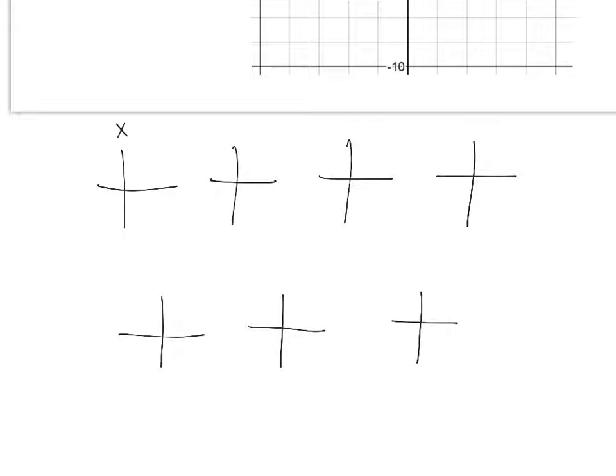We know x and x squared and x to the third, x to the fourth. I'm going to show you what these look like. And this is x to the first, but it's just x.